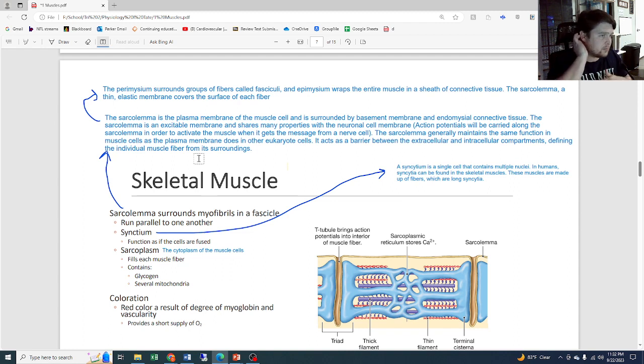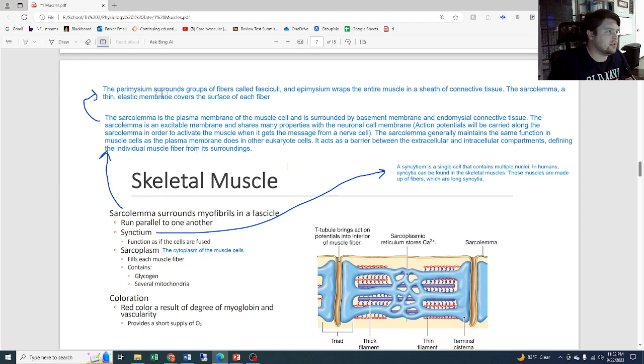In other words, action potentials will be carried along the sarcolemma in order to activate the muscle when it gets the message from a nerve cell. The sarcolemma generally maintains the same function in muscle cells as the plasma membrane does in other eukaryote cells. It acts as a barrier between the extracellular and intracellular compartments, defining the individual muscle fiber from its surroundings.